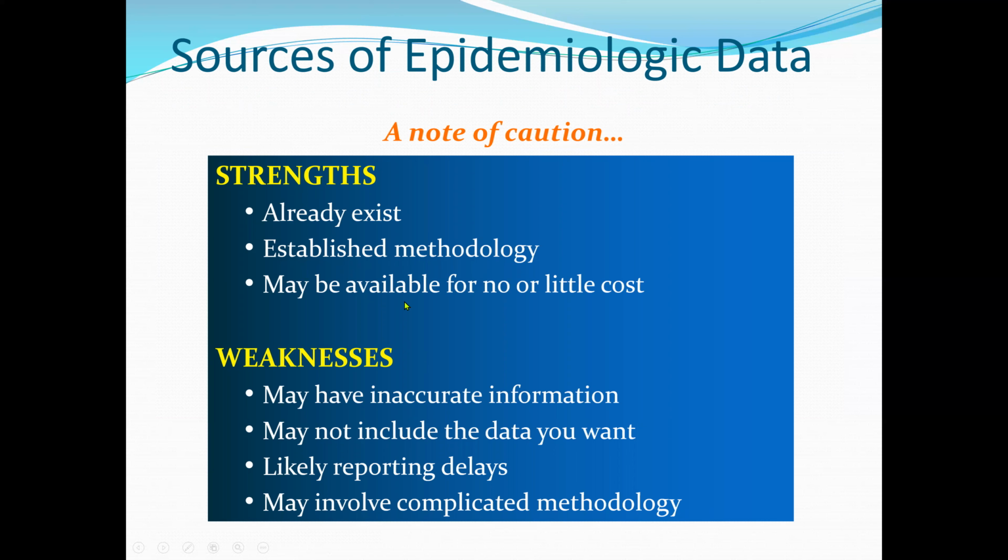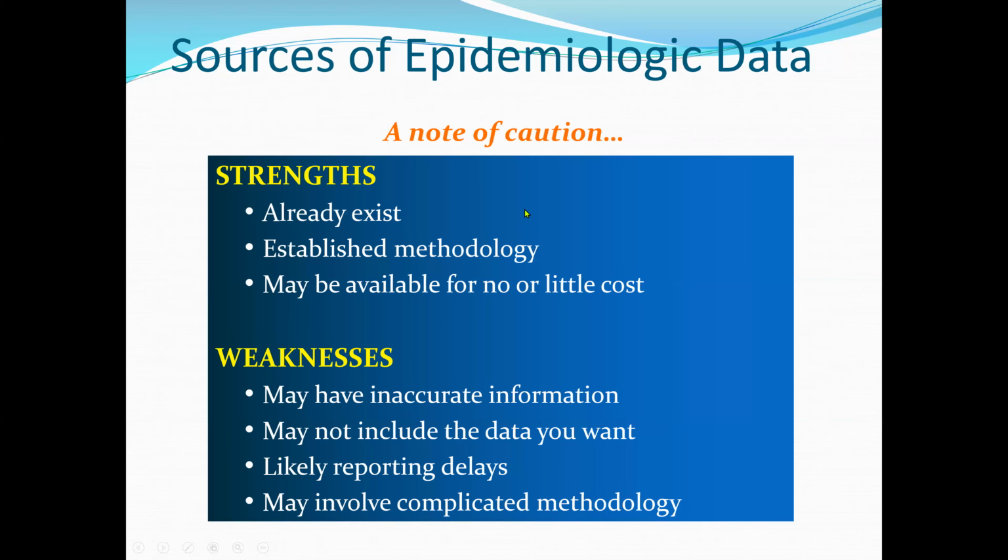And this data may be available at no or little cost, especially from government agencies, where it's almost free. Now, the weakness of these data is that they are secondary data, so accuracy may be a problem, they may have inaccurate information, or may not include the data you want, or there are likely reporting delays, and they may involve complicated methodology.